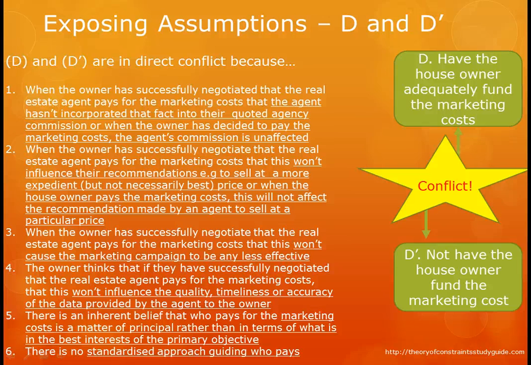And in that instance, he or she may come to a different view about this issue than what they're making currently. And then finally, the reason these are in conflict is because there's no standardised approach guiding who pays, i.e. should the agent pay or should the principal pay or the owner pay. And so that's the reason why these two are in conflict.